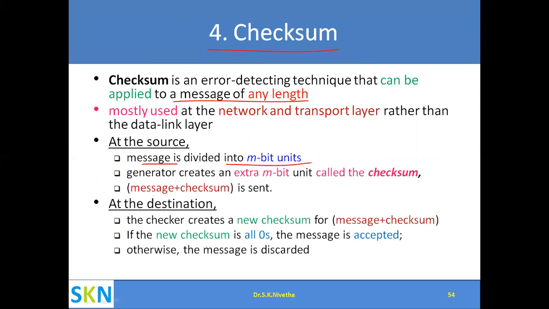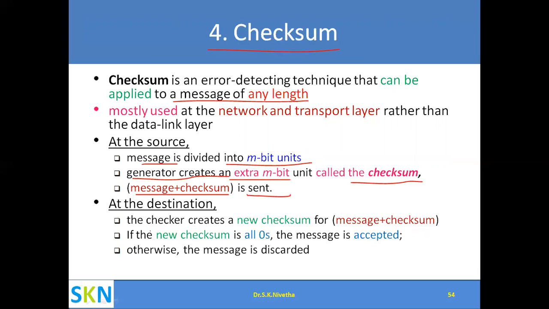That means if a 16-bit checksum is used, the message is arranged in 16 bits. If a 32-bit checksum is used, the whole message is arranged in 32 bits. The checksum generator creates one more m-bit redundant unit, called the checksum. So message plus checksum is sent to the receiver.